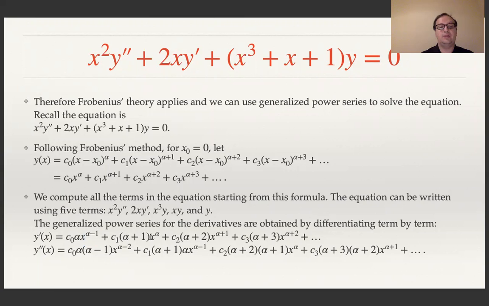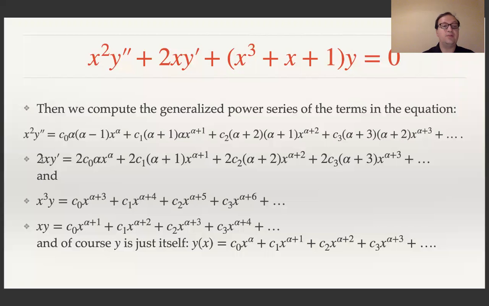When we multiply x to the alpha by x, we get x to the alpha plus 1. And when we take x to the alpha plus 1 and multiply it by x, we get x to the alpha plus 2, etc. And since we multiplied by 2x, not by x, all the coefficients are also multiplied by 2. So I get 2c0 alpha x to the alpha plus 2c1 (alpha plus 1) x to the alpha plus 1, etc.